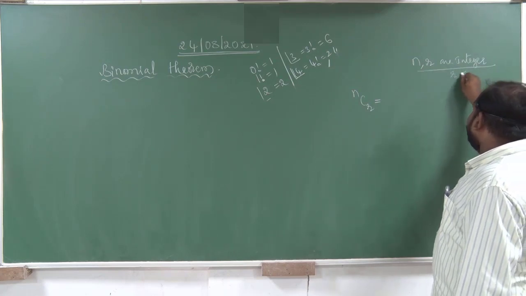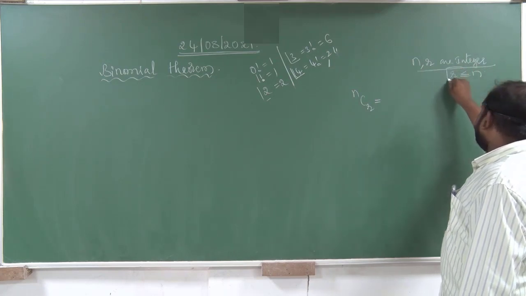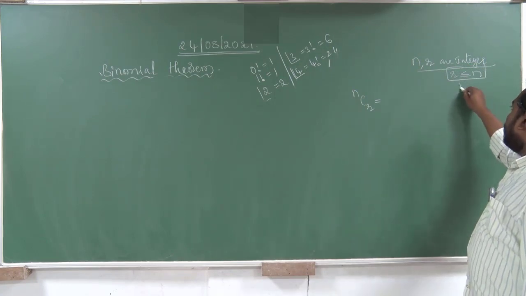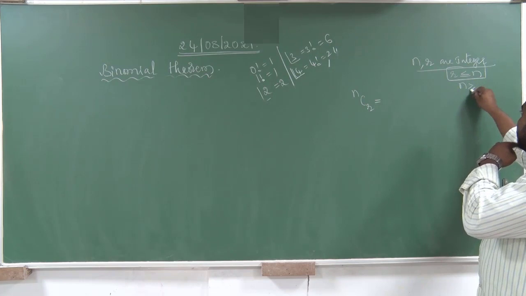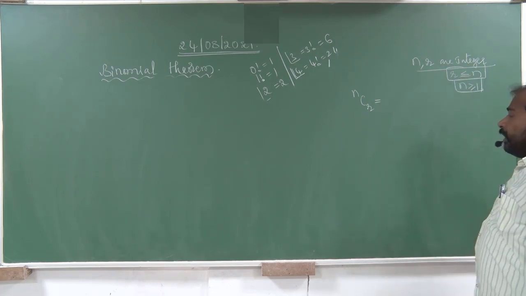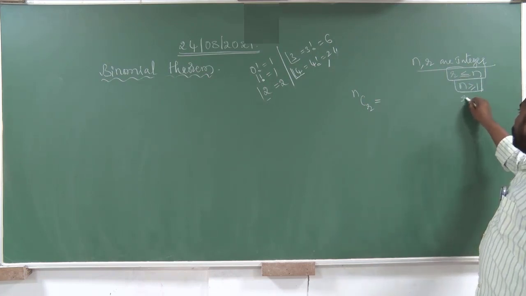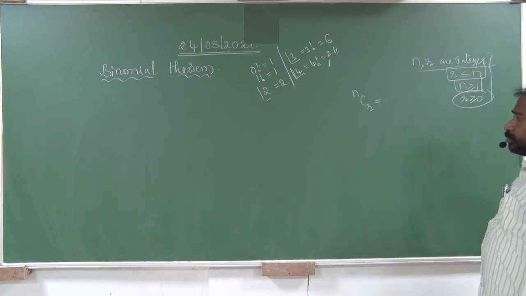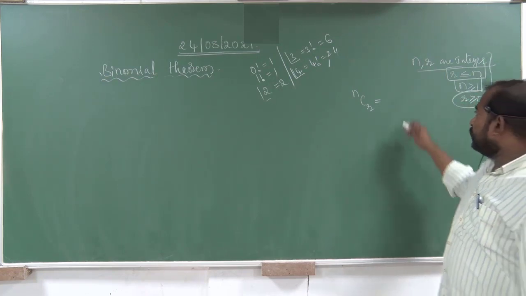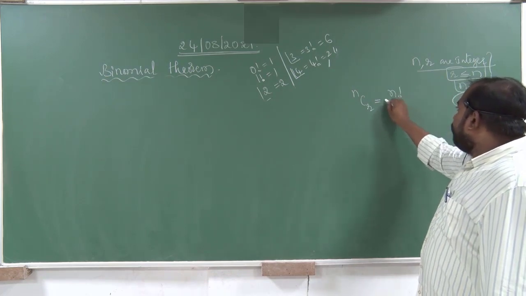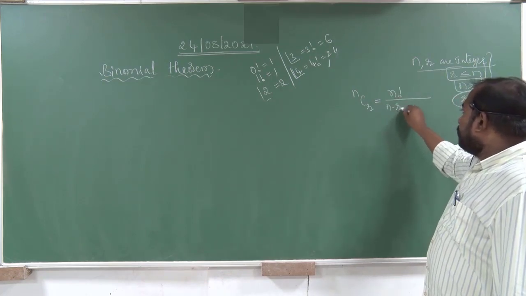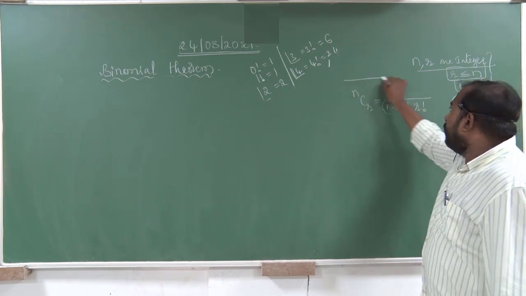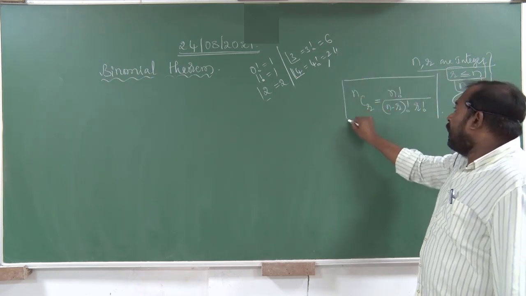R value is always less than or equal to N, and N value is greater than or equal to 1, and R value you may take greater than or equal to 0. These are the conditions. And NCR value is given by N factorial by (N minus R) factorial into R factorial.